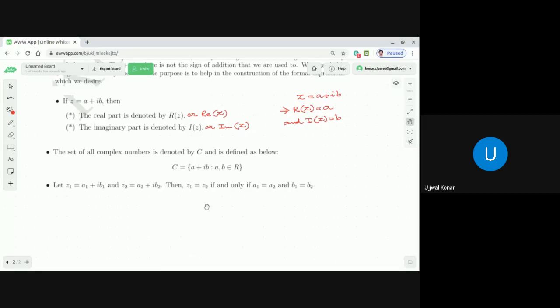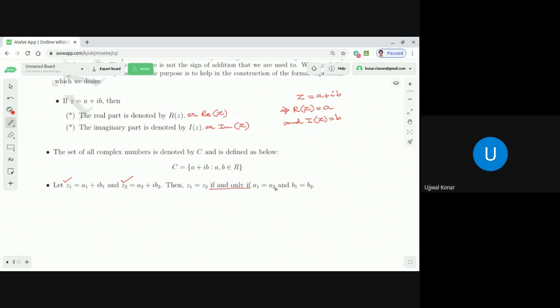Now let us take two complex numbers: z1 equal to a1 plus ib1, and z2 equal to a2 plus ib2. If we say these two complex numbers are equal, that is z1 is equal to z2, that is possible if and only if a1 is equal to a2 and b1 is equal to b2.